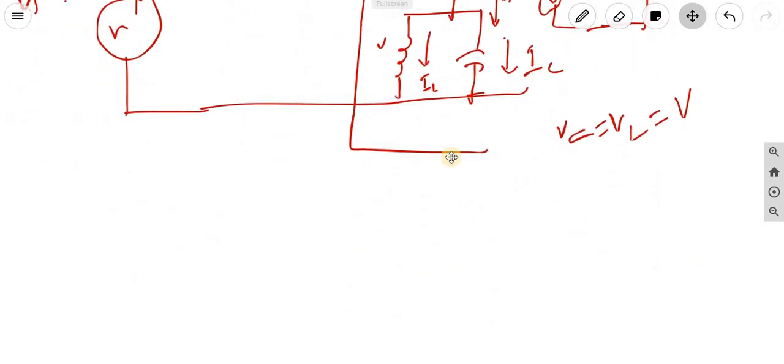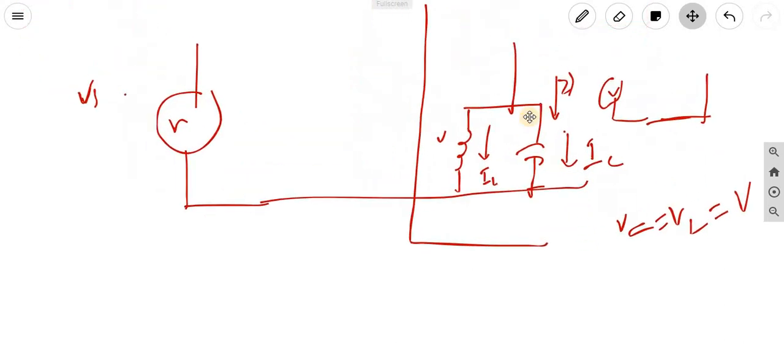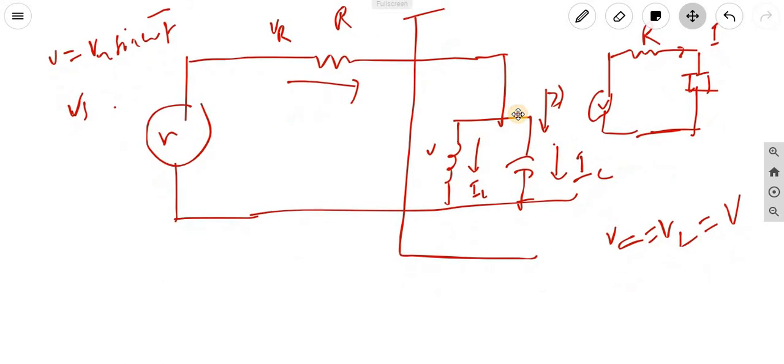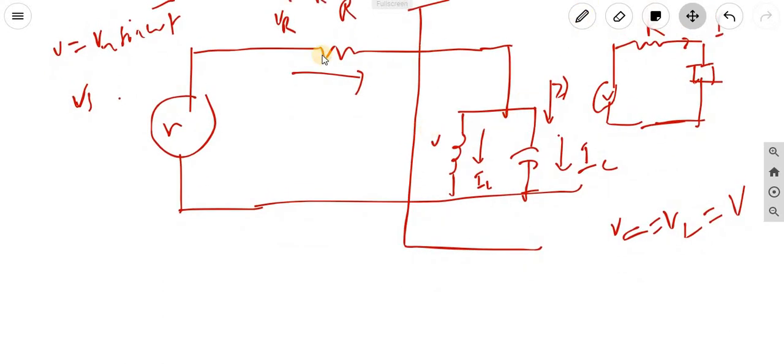So let's take here the voltage across the inductor and capacitor as the reference, and immediately try to establish the currents. There is a relationship: IR is the current through this branch, with an equivalent current.